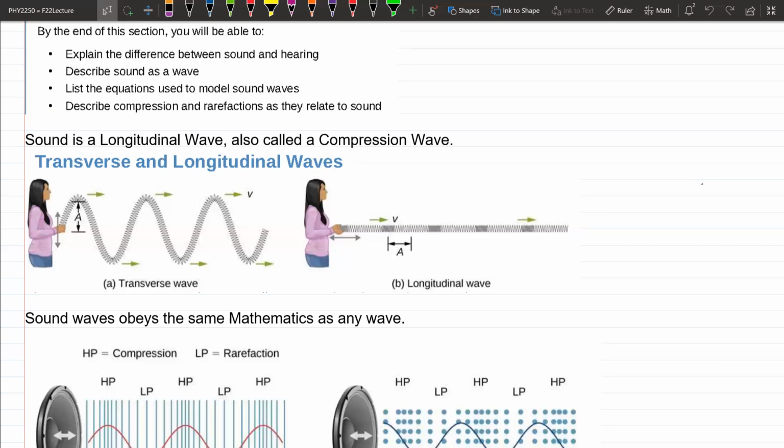Sound waves are longitudinal waves because there's additional pressure, and then lowered pressure, which is known as rarefaction: low pressure, high pressure, low pressure, high pressure. This pattern is the wave that's traveling from my mouth to all your ears.